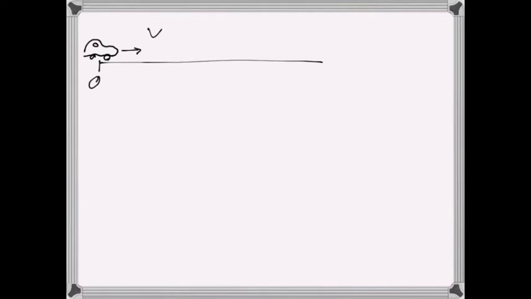Then we get to Atlanta. Now Atlanta, if we over approximate it, we'll just make the numbers easy. We'll say it's 200 miles away. Okay, and let's say we got there in, I don't know, 5 hours.